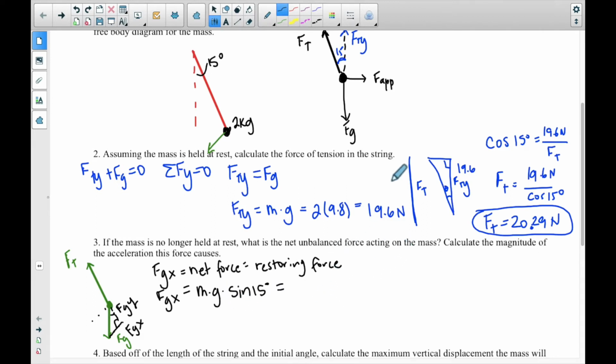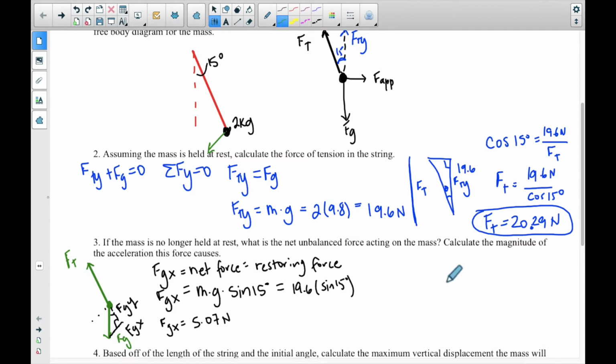Well, I did mg a minute ago. It was 19.6, right? So this is going to be 19.6 times the sine of 15 degrees. Take a second on your calculator and see what you get there. And you should have gotten 5.07 newtons. That is the restoring force. Now that we did our trig here, we've got the final answer. That is our restoring force.